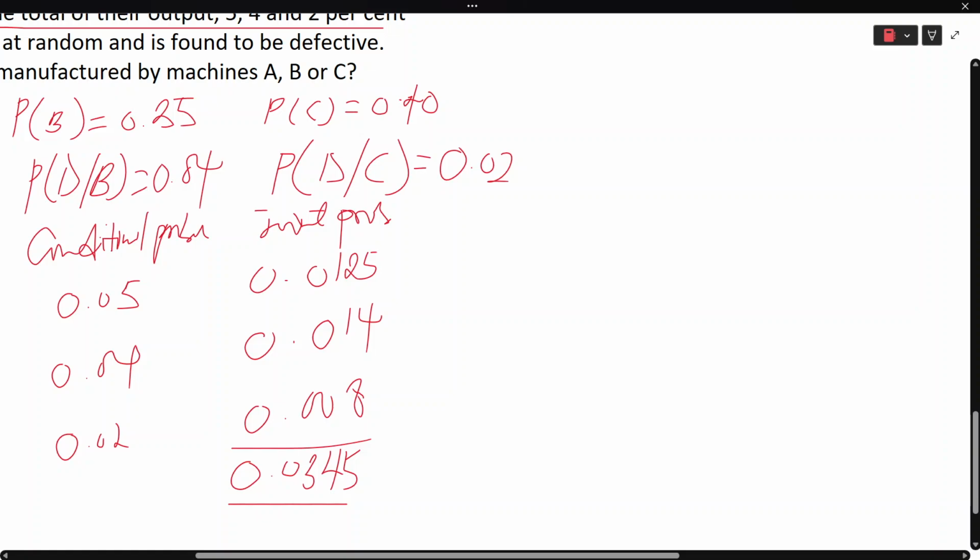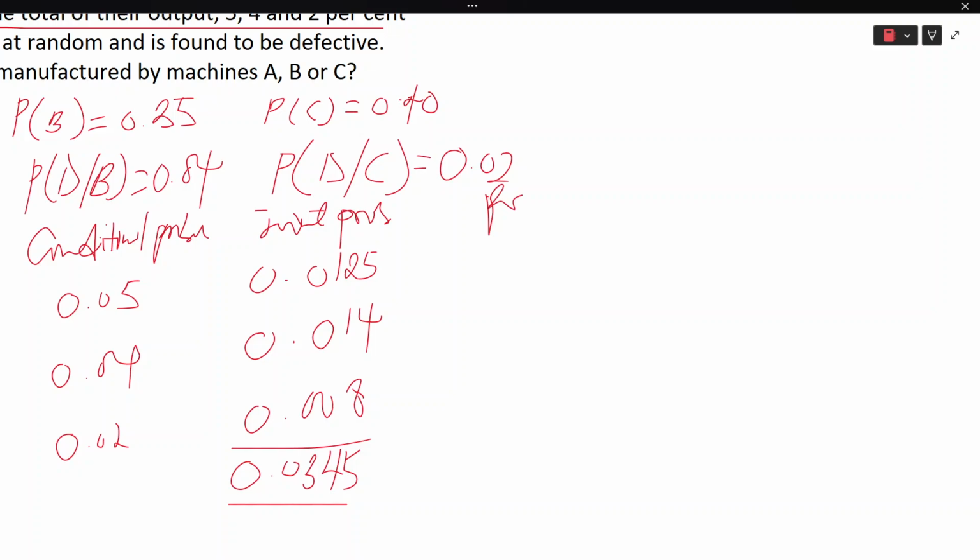That's what we don't know, the posterior probability or the revised probability. How do you find the revised probability? Take the joint probability, first one divided by the total. First one is 0.0125 divided by 0.0345, which is 0.36.